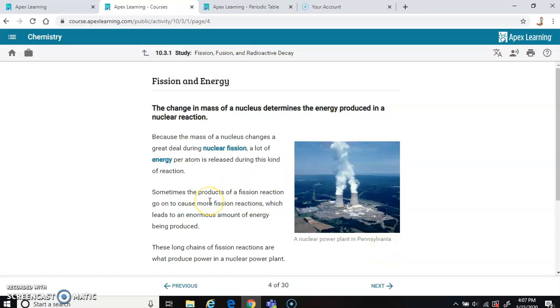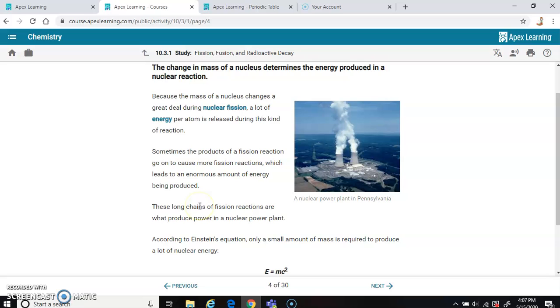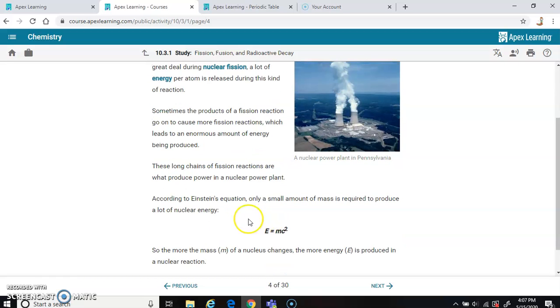Okay, so the change in mass, once the nucleus splits apart, determines how much energy is produced. A lot of energy is released during this kind of reaction. The nuclear power plants we have all over the world use this reaction. They have uranium rods, and they're collecting the energy of the splitting of these nuclei. And Einstein, most of you have seen E equals mc squared, and this is where it comes into play.